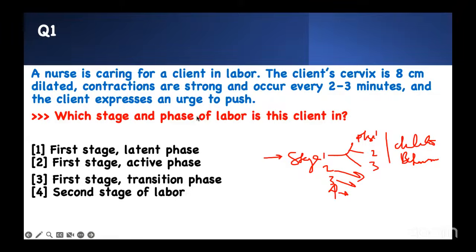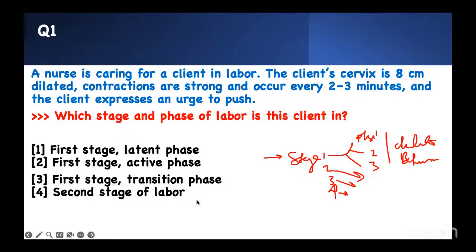You can tell that since the cervix is not 10 centimeters dilated, we are still in stage 1. That is the key. I'm showing you how you can master it. So this is stage 1. Therefore, answer 4 is gone. Then you ask yourself, what phase would the mother look like that?